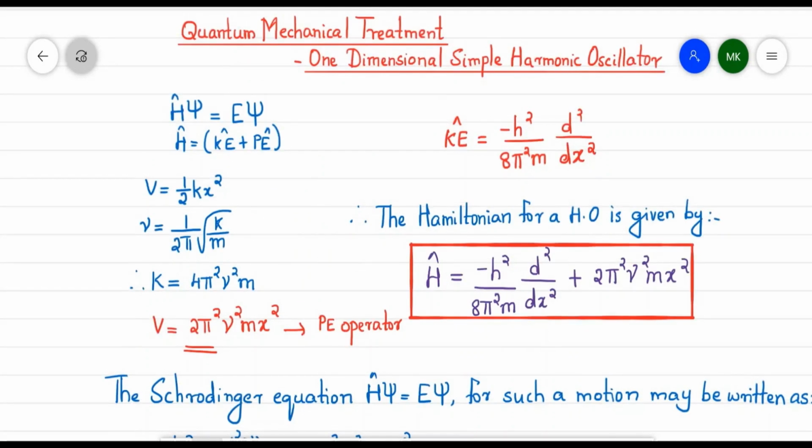So we are dealing with the quantum mechanical treatment of one-dimensional harmonic oscillator. First we wrote the Schrodinger equation h cap xi equals E xi, where h cap is the Hamiltonian, that is a total energy operator, and its value is given by minus h square by 8 pi square m d square by dx square plus 2 pi square nu square mx square.